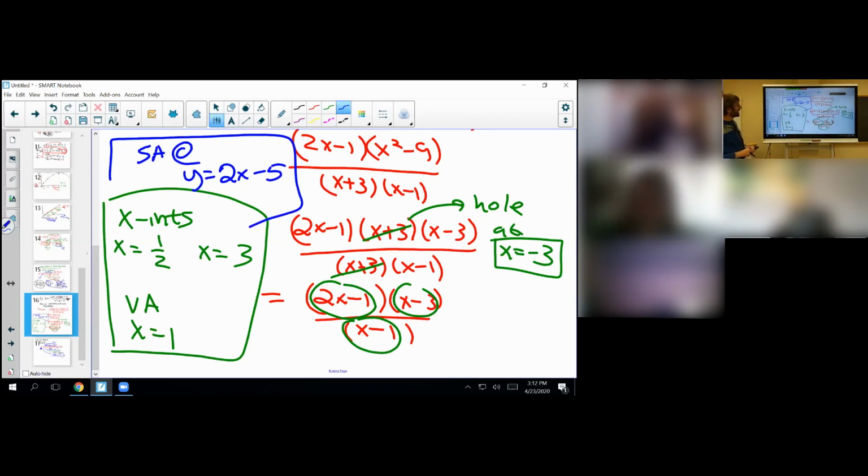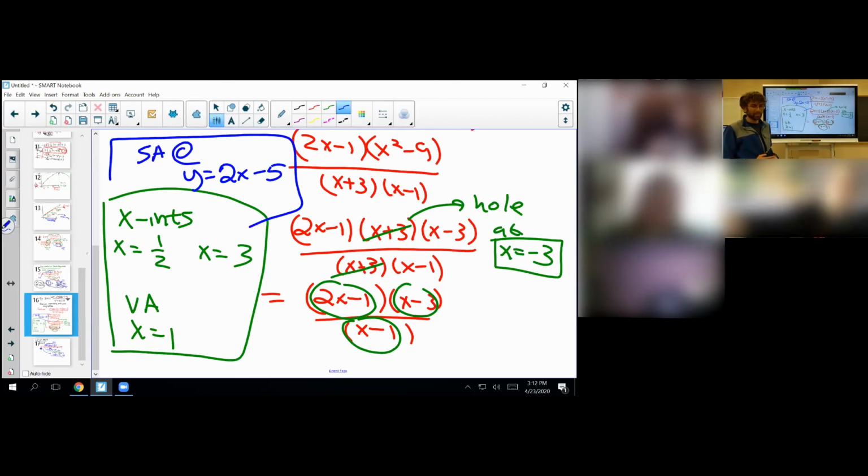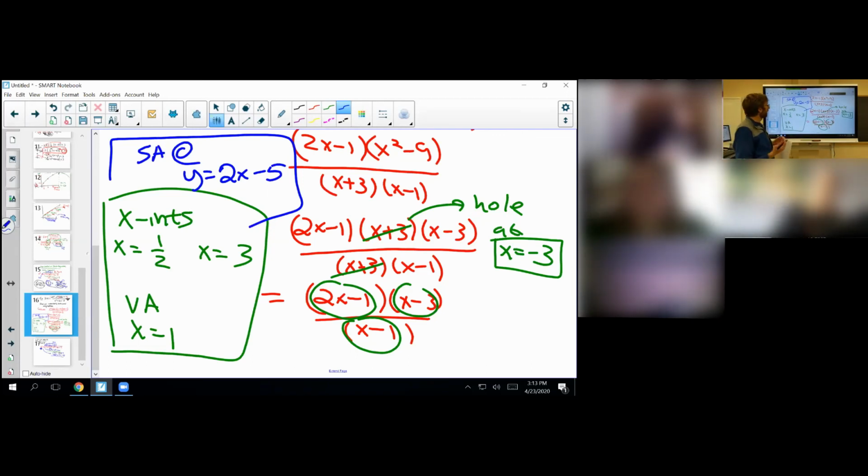And the last thing I'm looking for is the y-intercept. How do you find a y-intercept? Plugging in the x values. Yeah, that's how you find y values, right? And for a y-intercept, it's just x equals 0.